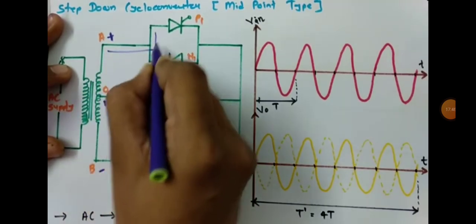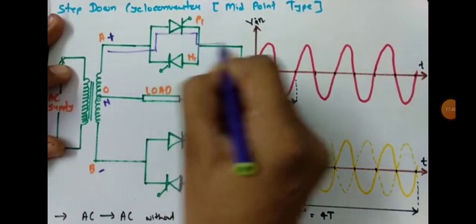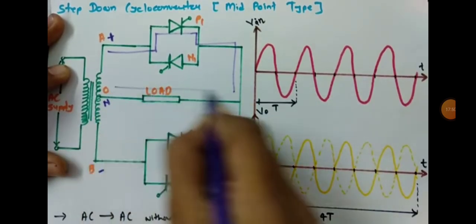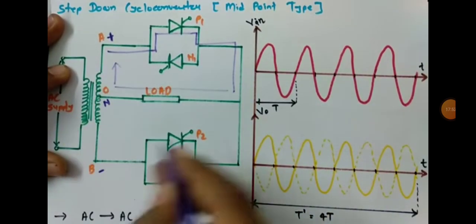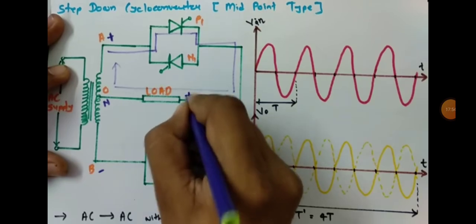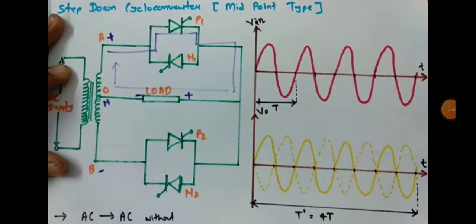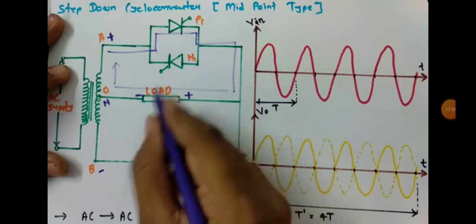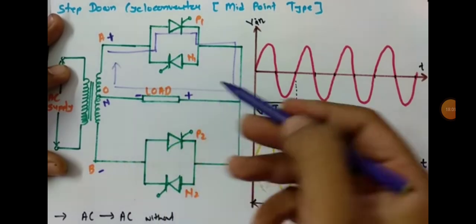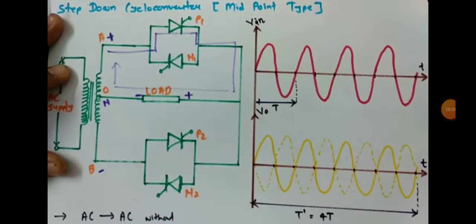At angle alpha, if I trigger P1, current will flow in this loop and we'll observe the output appearing over here. That output will be positive, the reason being the current direction is this.